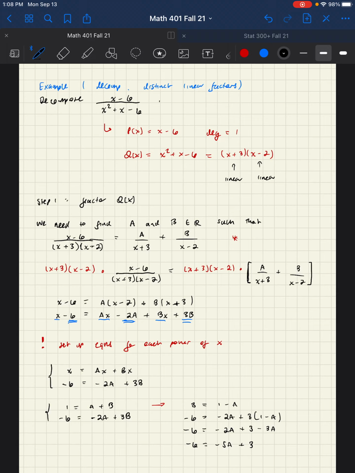And what should I get? Does that look right? Okay. Then if I subtract 3 from both sides, I get -9, -5A.